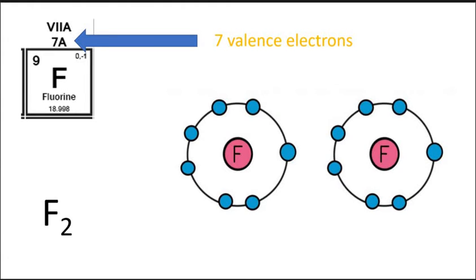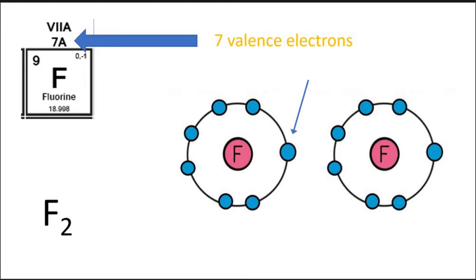Now, what you'll notice and remember is that when the valence level has 7, it's actually quite reactive because it wants one more valence electron. Both of these fluorines want one more in order to have their level filled so that they're stable.